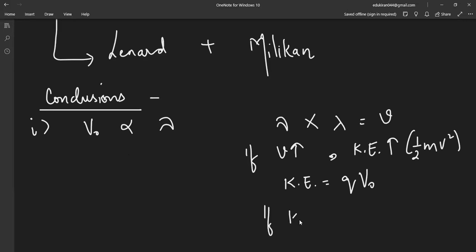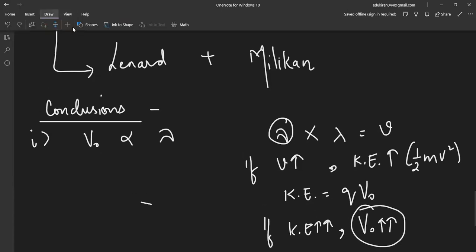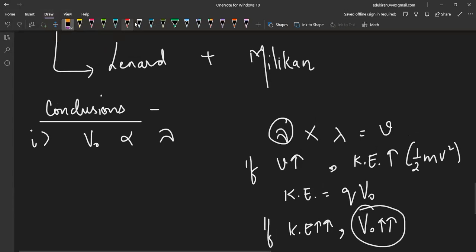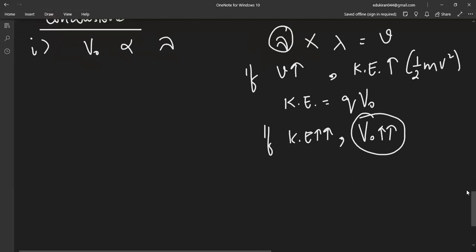So if kinetic energy increases more, stopping potential is going to increase more. So these two ultimately become directly proportional to each other. That was the first conclusion from the graph: V naught is directly proportional to the frequency. Understood? This is not the threshold frequency, this is the frequency of the incident radiation.